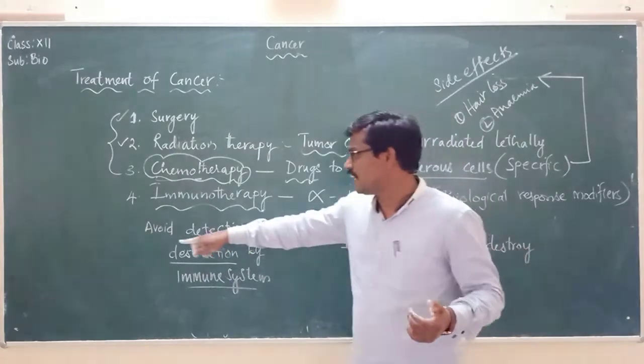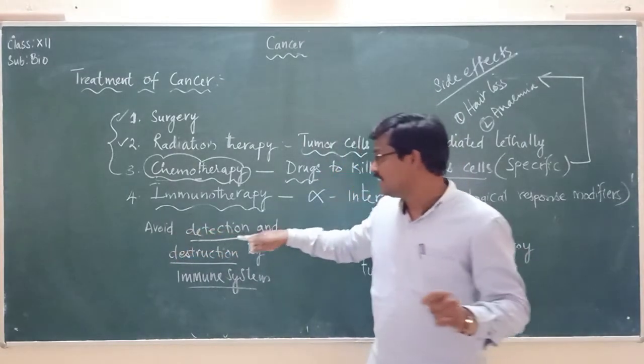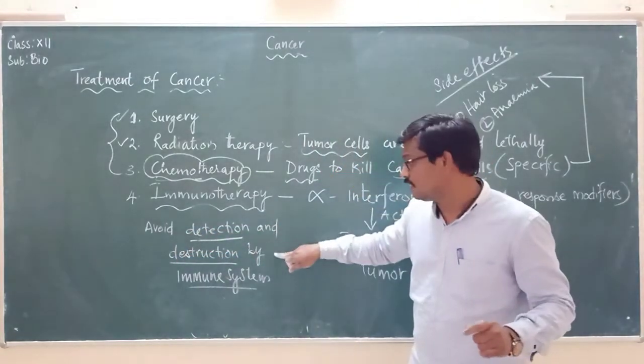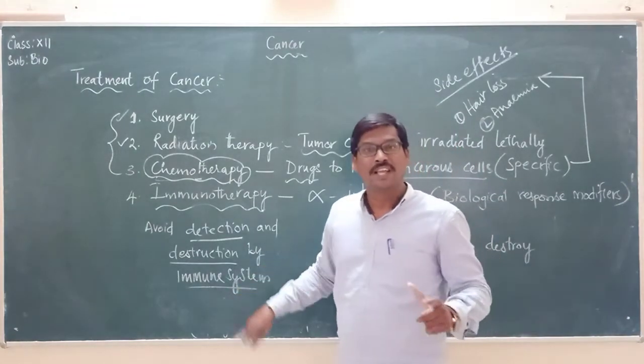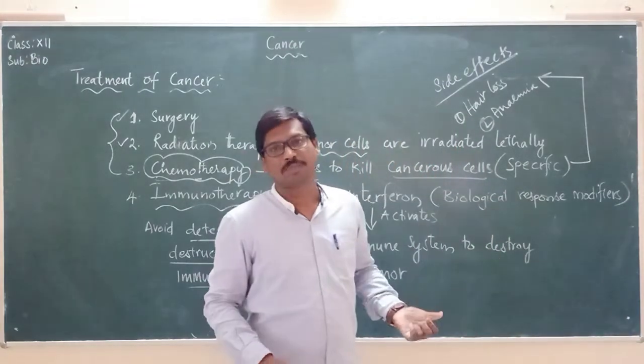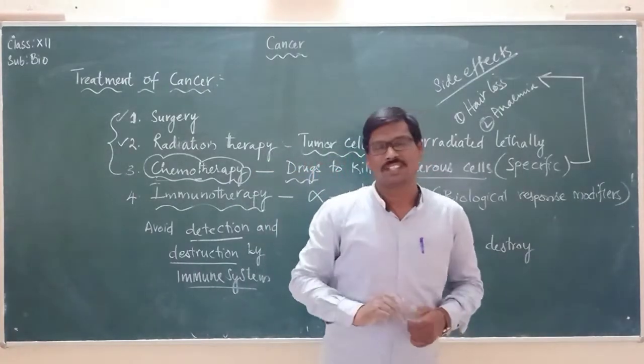So in simple terms, the cancerous cells avoid detection and destruction by the immune system. They will not give much chance for the immune system to attack and destroy the cancerous cells.